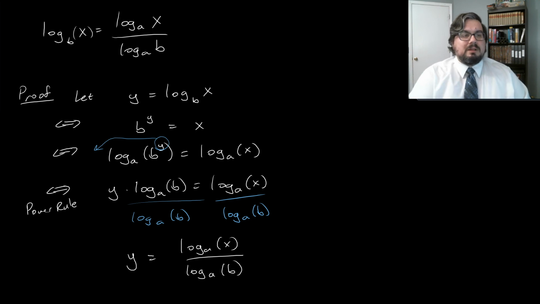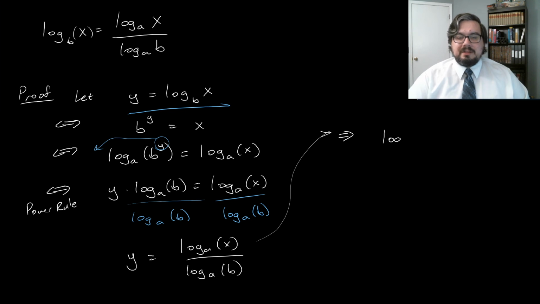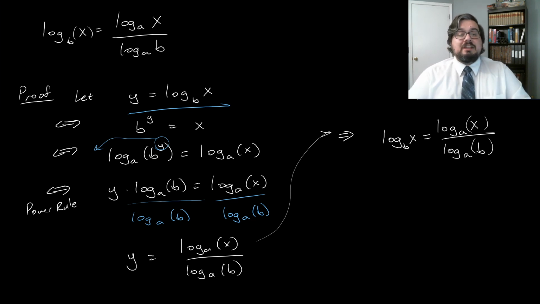But remember what y was in the first place. We introduced the symbol y to stand for log base b of x. And therefore, we have that the logarithm with base b of x is equal to the logarithm base a of x divided by the logarithm base a of b, which proves the change of base formula, which is what we wanted.